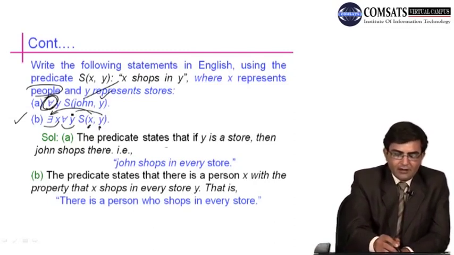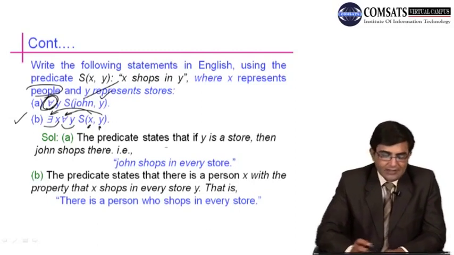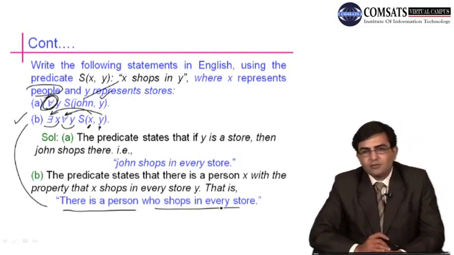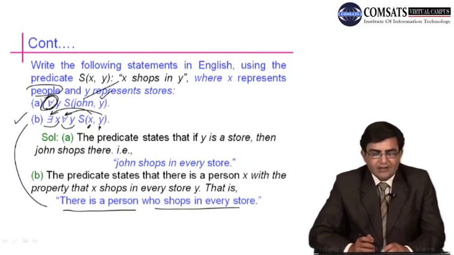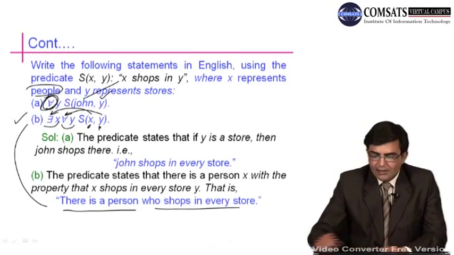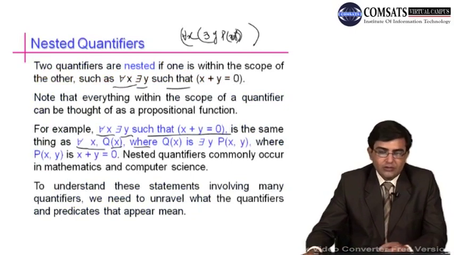For y we have all or everybody. So there is a person. How to translate it? There is a person who shops in every store. So this is how we can translate this statement, which is basically the nested quantification, which we have discussed here.